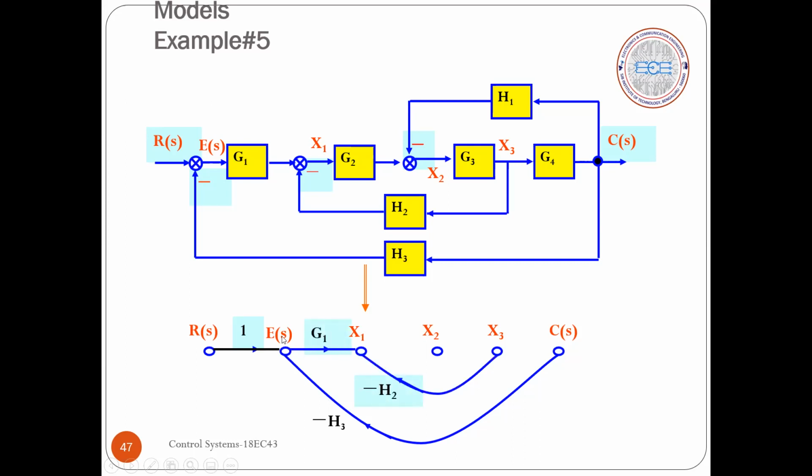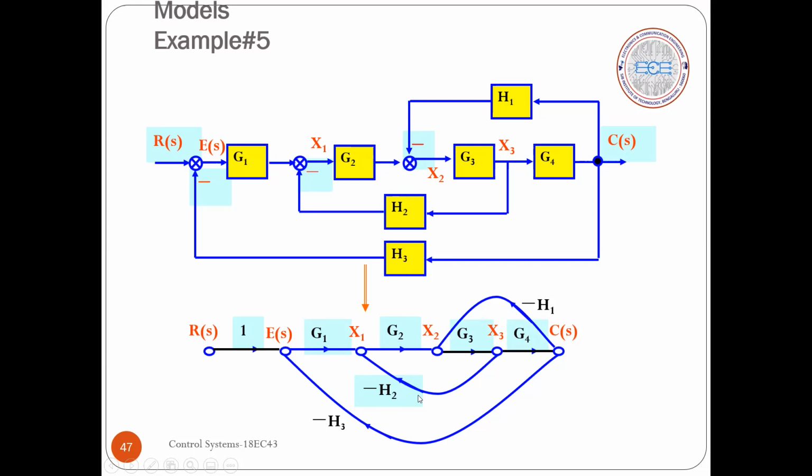We have to connect this node with the block gain of G1. Similarly, from this node to this node we have G2, correct? So we have G2 here. And from this node to this node, we have minus H1, and from this node to this node we have G3, and from this node to this node we have G4.